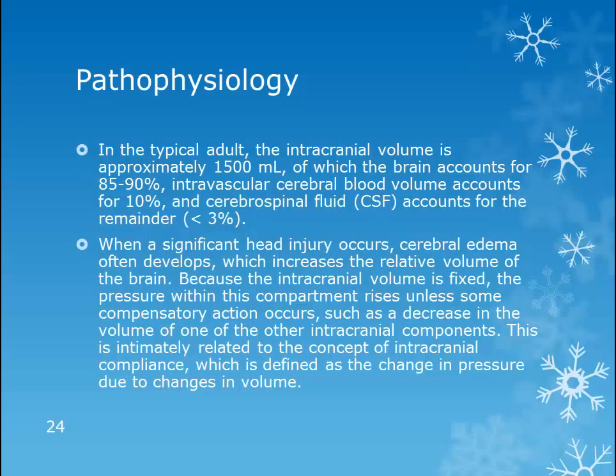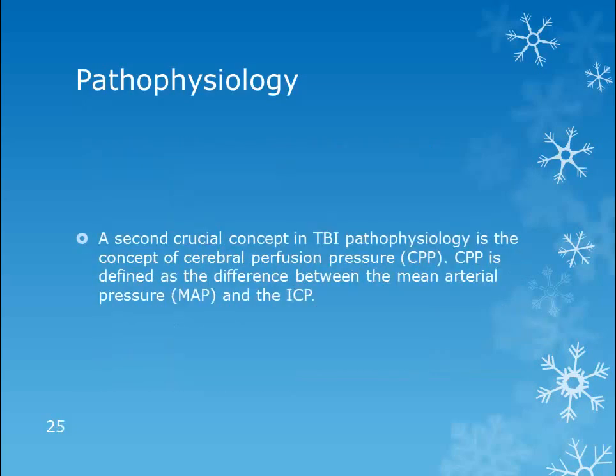Because the intracranial volume is fixed, the pressure within the compartments rises until some compensatory action occurs, such as a decrease in the volume of one of the other intracranial components. This is intimately related to the concept of intracranial compliance, which is defined as the change in pressure due to change in volumes.